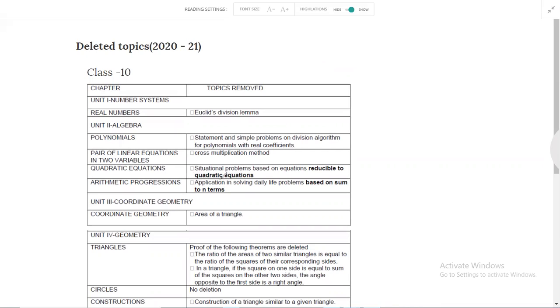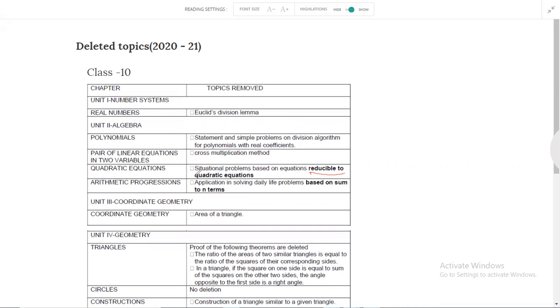Then the next one is quadratic equations. Here you can see the situational problems based on equations reducible to quadratic equations are deleted.